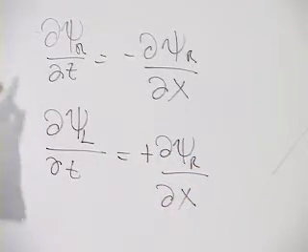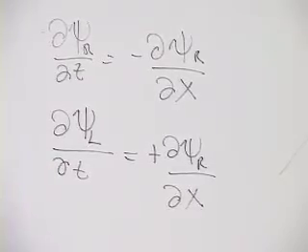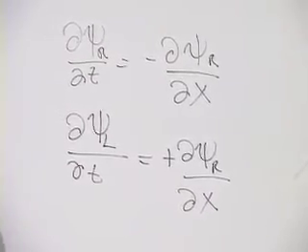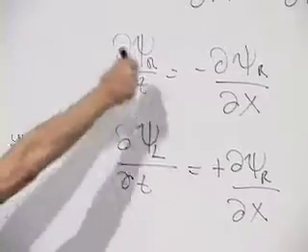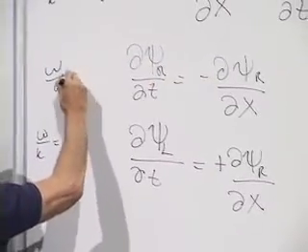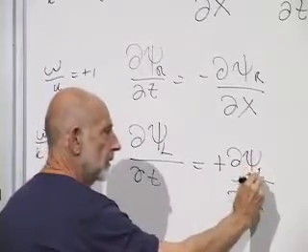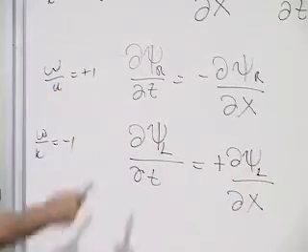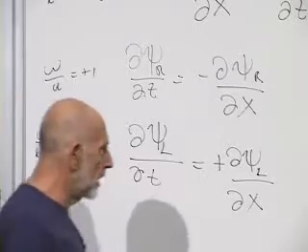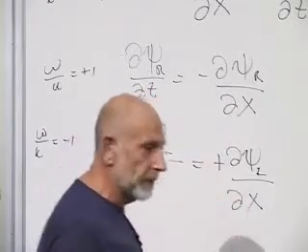If we work out the relation between omega and k in this case, it's omega over k equals minus 1. In this case, it was omega over k equals plus 1. Left. These are right movers, these are left movers. Okay? The only difference is the sign of this term here.